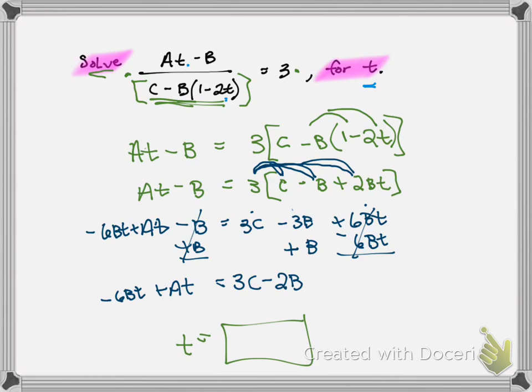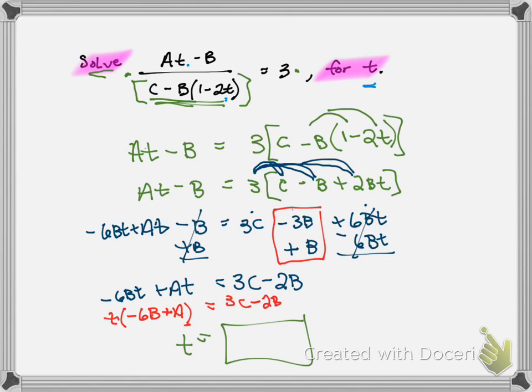And I got that minus 2b by combining like terms, minus 3b and plus 1b. We're almost there. We'll factor out a t. T times the quantity negative 6b plus a is equal to 3c minus 2b.